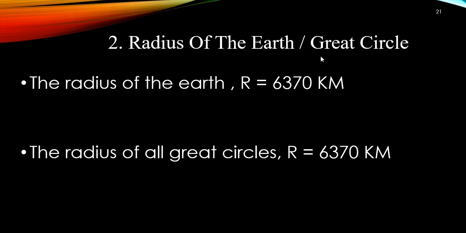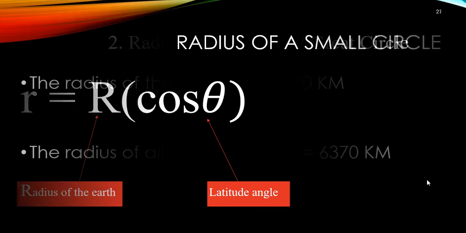And of course, the radius of the Earth, or the radius of a great circle, is approximately 6,370 kilometers. The radius of all great circles is equal to 6,370 kilometers.